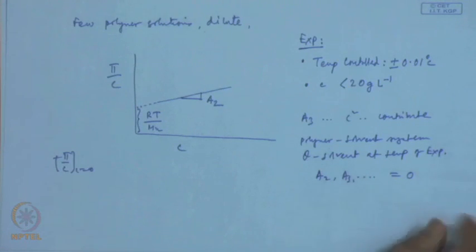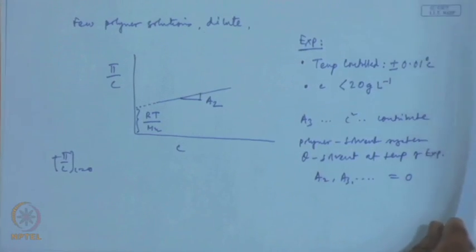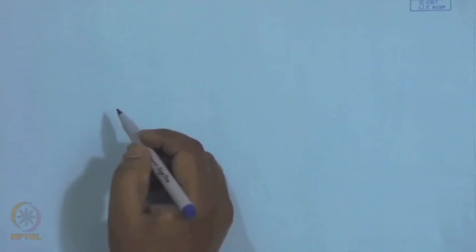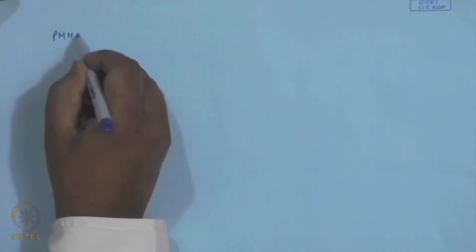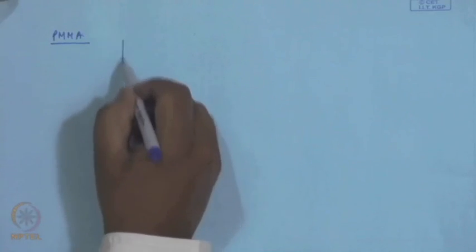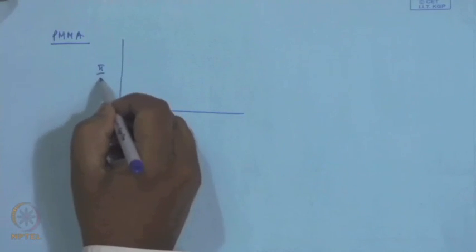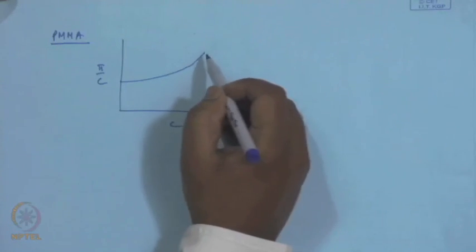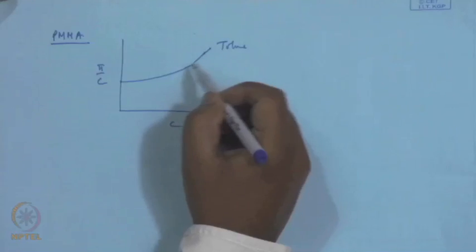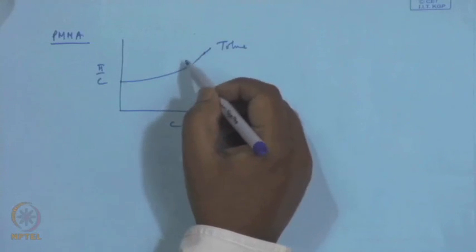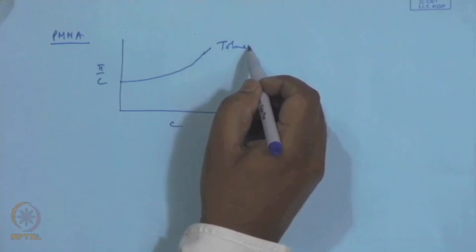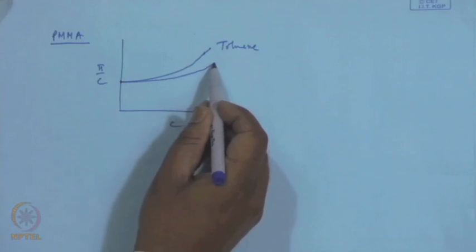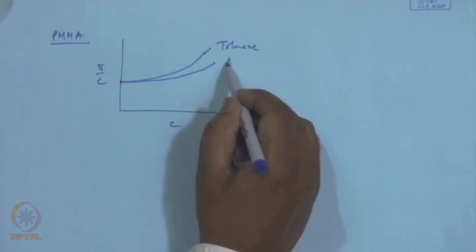This is what happens. For example, for polymethyl methacrylate, PMMA, toluene is a very good solvent. So, we start to get contribution from the A3 term or C square term, so the curve deviates from linearity at high concentration.